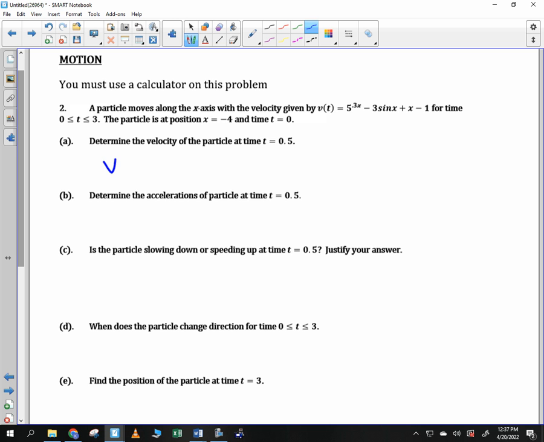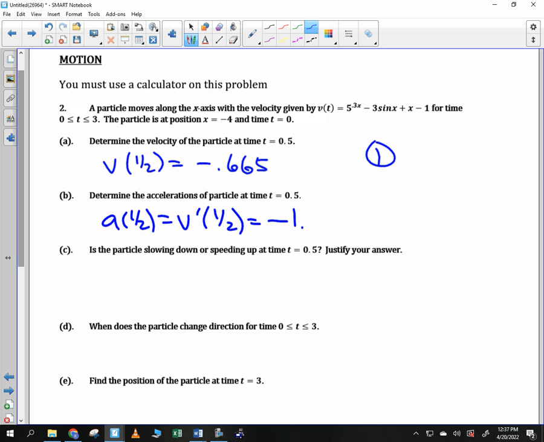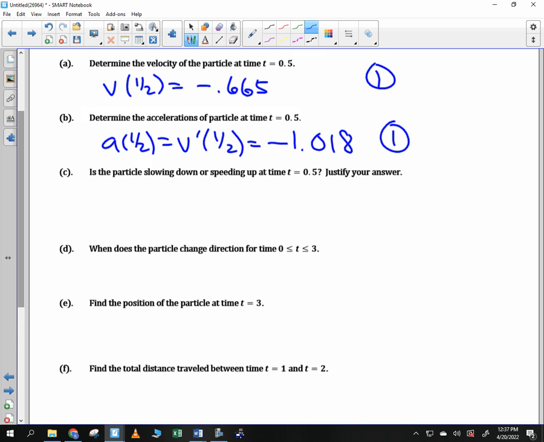Problem A, v of 1/2 is equal to -0.665. That is 1 point. Part B is a of 1/2, which is equal to v prime of 1/2. So you're taking the derivative, and that should be -1.018. That is worth 1 point. Is the particle slowing down or speeding up?